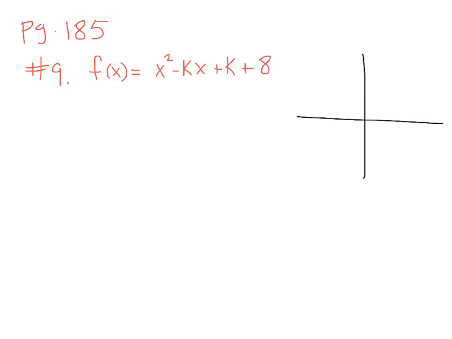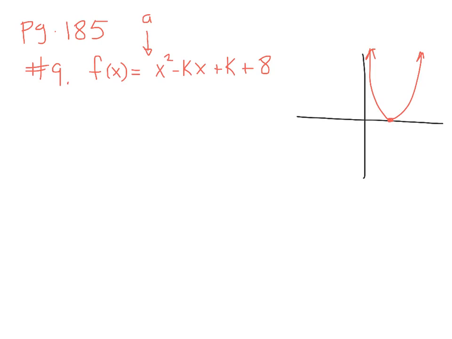I know that this parabola opens up because the a value is just 1. And so to just touch once, this is what the graph would look like. I'm not sure where it touches, but we are trying to figure out the value of k so that this parabola only touches the x-axis once.